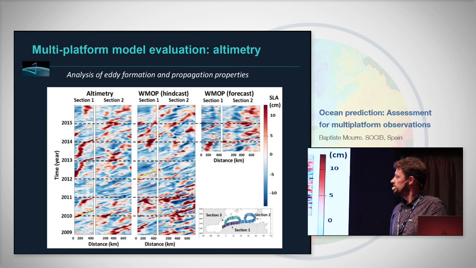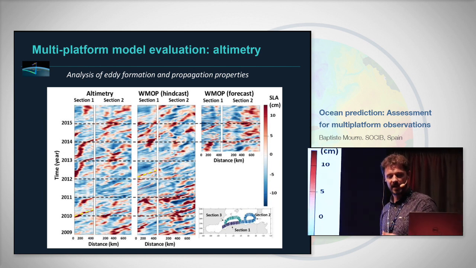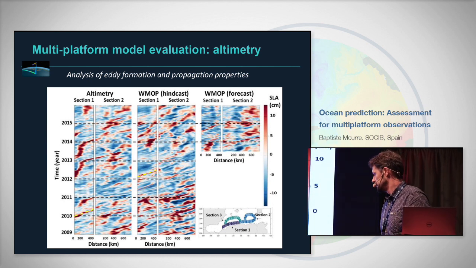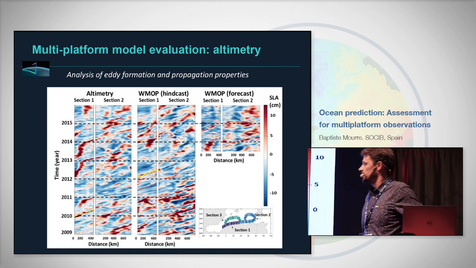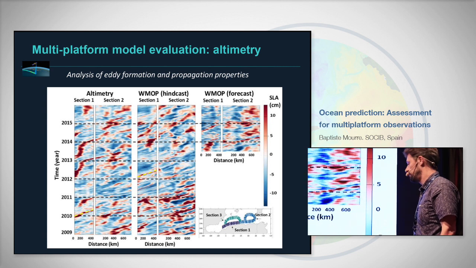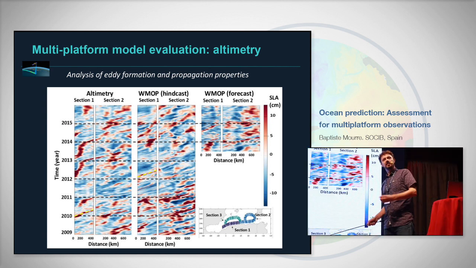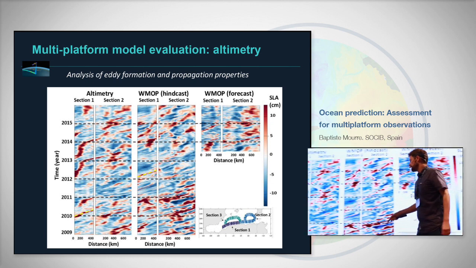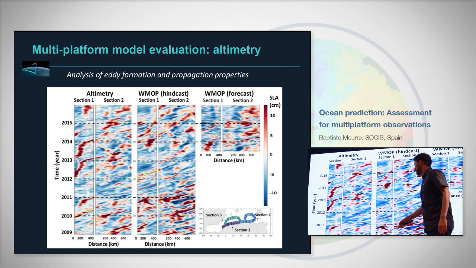This is a continuation of this work, and with the eddy tracking, you could highlight preferred paths of propagation of eddies. This is the case in the Algerian basin. We have these two gyres, and then you can take the altimetry and the different models you have to check if you have correct formation and correct propagation in the model. This is represented here in terms of Hovmöller diagrams.